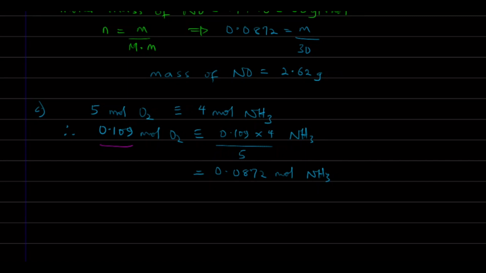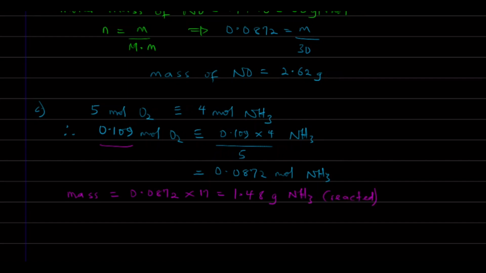Therefore, we can calculate the mass of NH3 that reacted by saying mass equals number of mole times molar mass. The number of mole is 0.0872 times the molar mass of NH3, which is 17, and from there we have our answer: 1.48 gram of NH3 reacted.